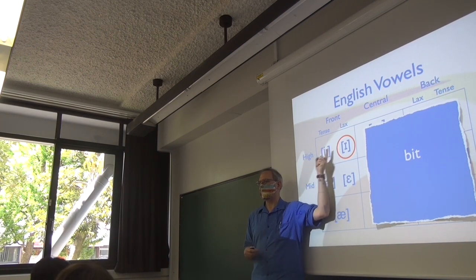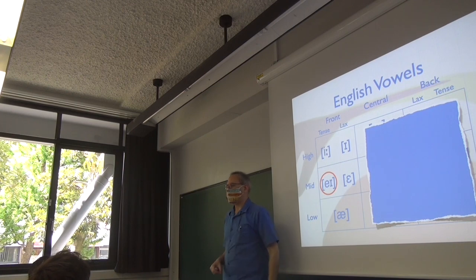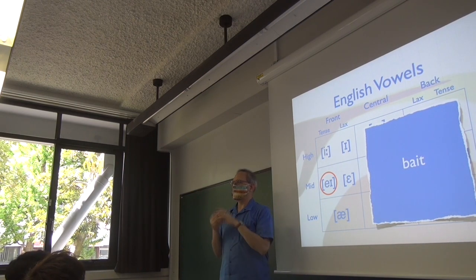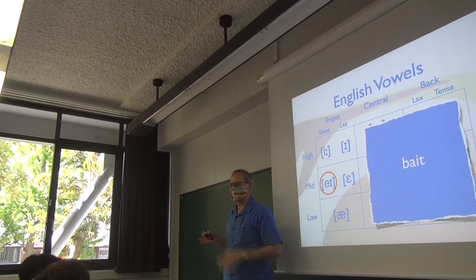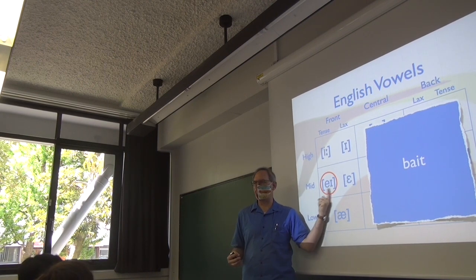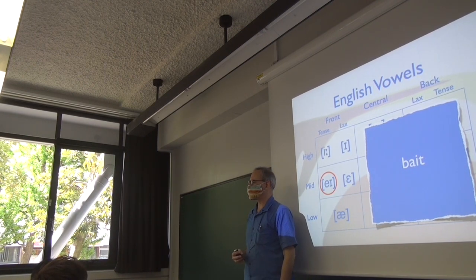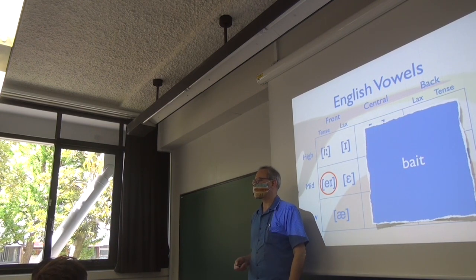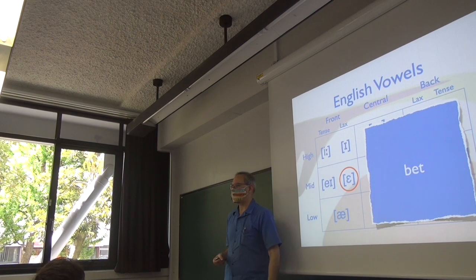So we have E, I, and then we move to A, bait. Say it slowly. Bait. And pay attention to the movement of the tongue as it rises. Bait. Good. Bet.